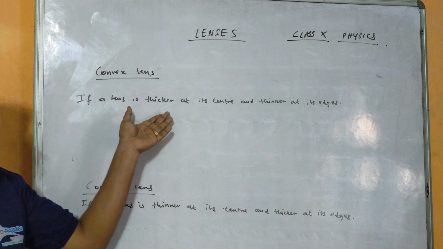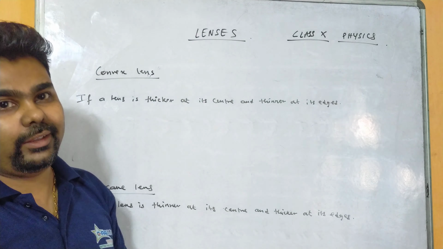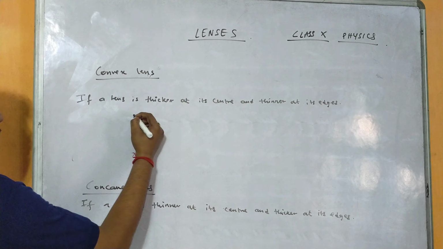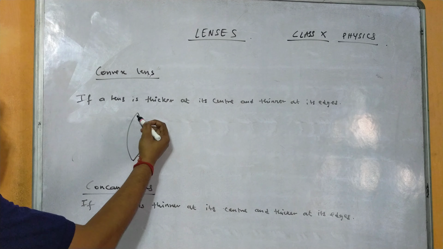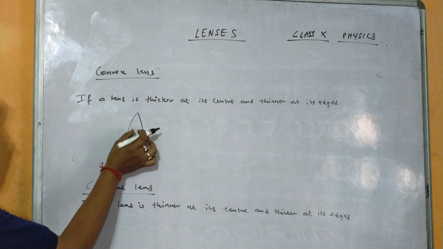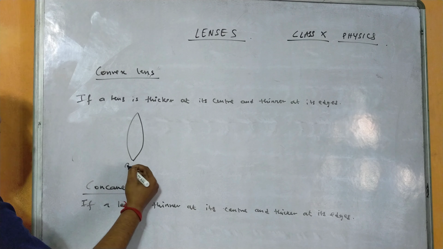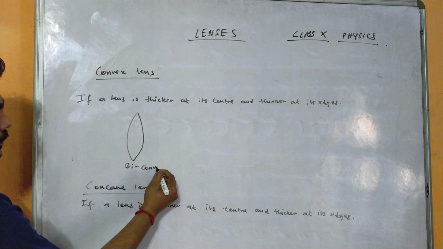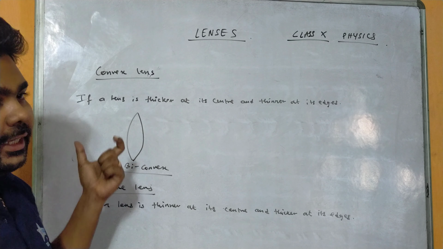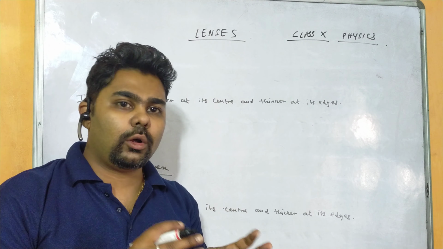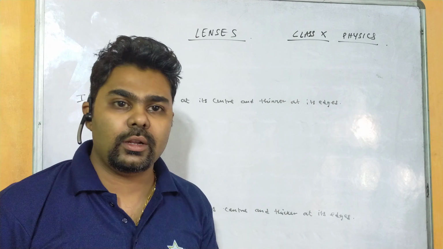So convex lens. If a lens is thicker at its center and thinner at the edges, you see, it is thicker at the center and thinner at the edges. This is called biconvex lens. It is also a refracting medium where both the surfaces are curved.